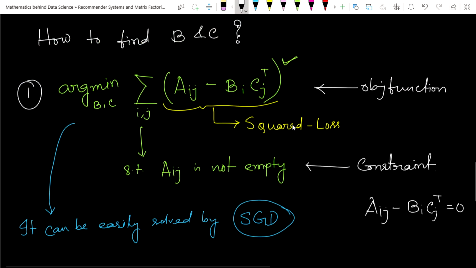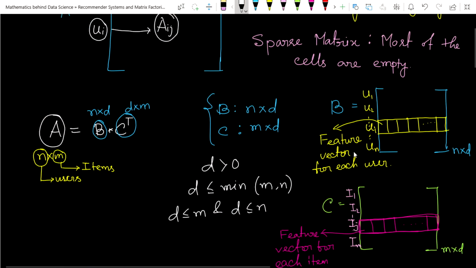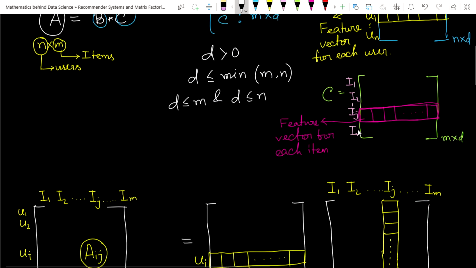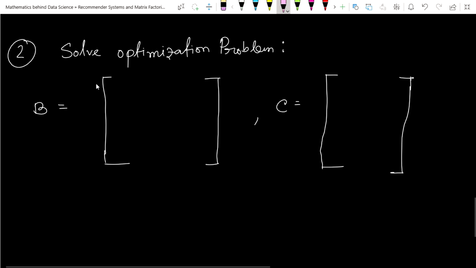B is responsible for each user, and C is responsible for each item. The row vector of A will be U1, U2, somewhere Uj, and up to Un.